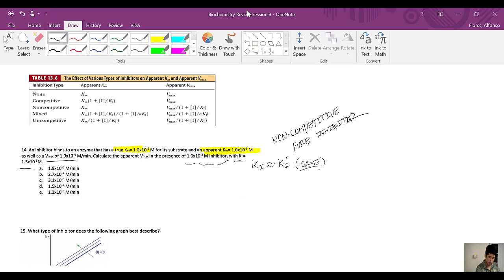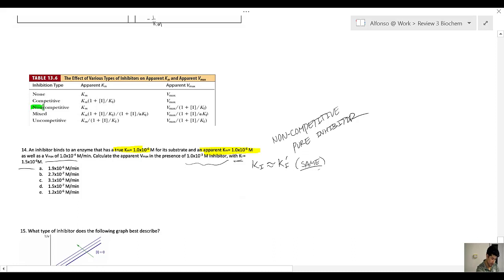All right, so because we've got a non-competitive pure inhibitor, we're going to use this equation over here. The equation for apparent Km is just the regular Km, and the equation for apparent Vmax is this one over here. So let's write it out.